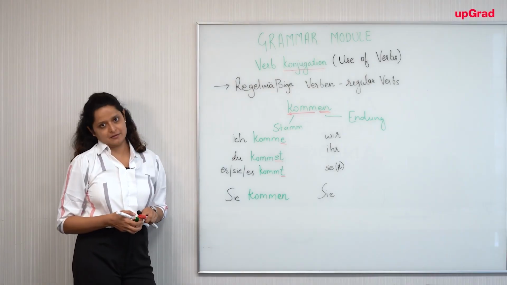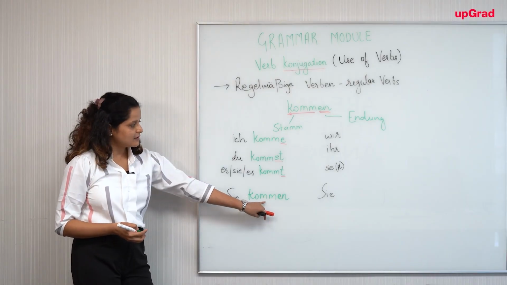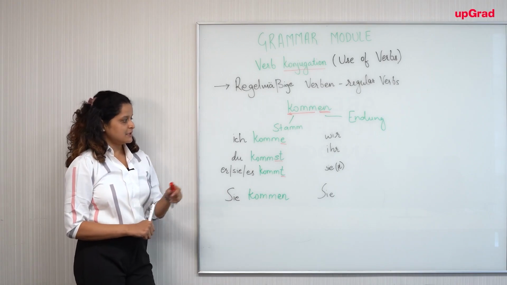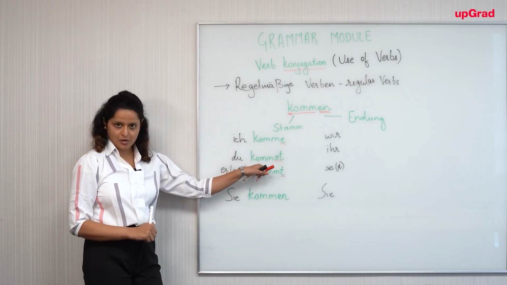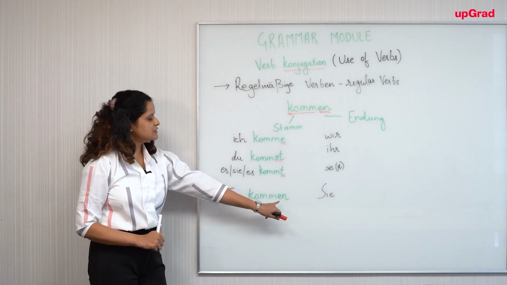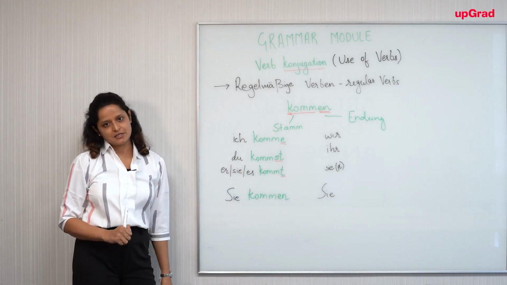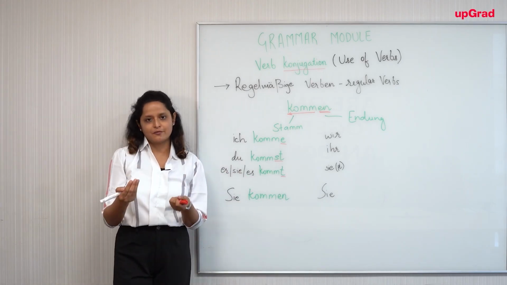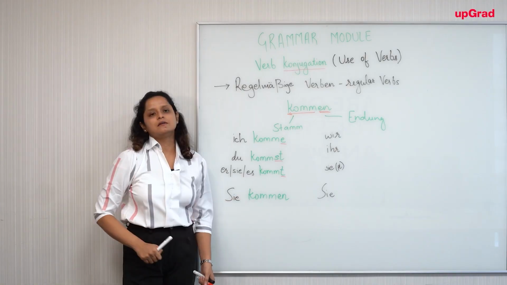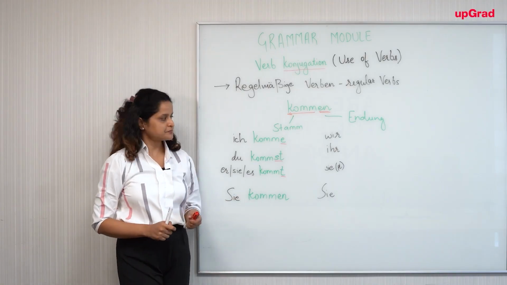So formal Sie, the conjugation is going to be "kommen". Here there is no need to change anything. If my second person is formal, that is with the capital S, it is going to be "kommen".